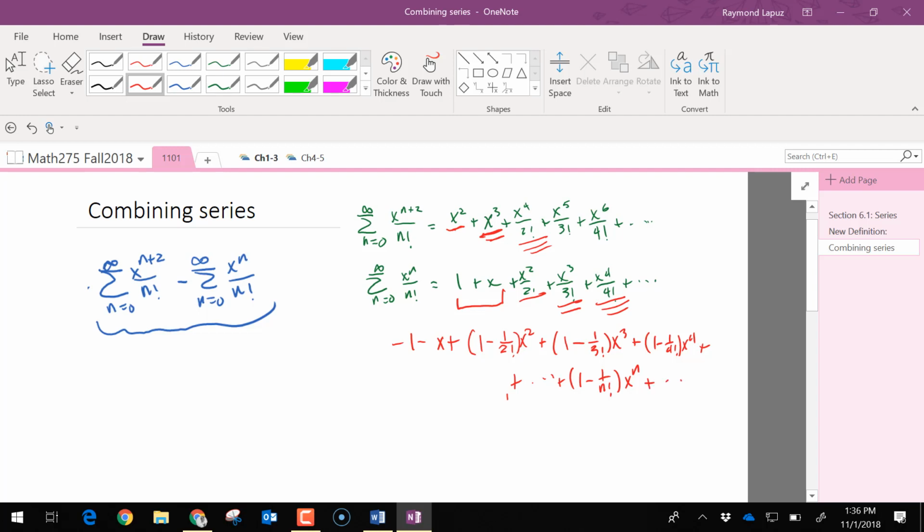Okay, you see that pattern? Except for this first one that probably didn't work with us, or maybe it did. No. So except for the first two terms that didn't work with us, we just kind of have to leave that aside.